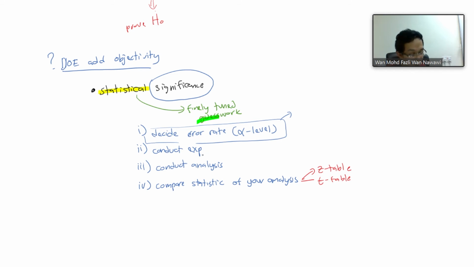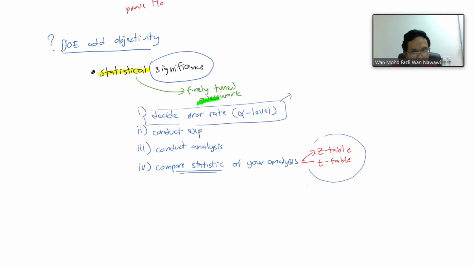You conduct the experiment, you have the data, you conduct the analysis, and then you compare the statistic you get against the Z table and T table, and this is where you find things like the p-value. This table tells you the region of confidence, whether your data lies in the region of confidence or not. If the data is outside the region of significance, then there is no interaction or no effect.